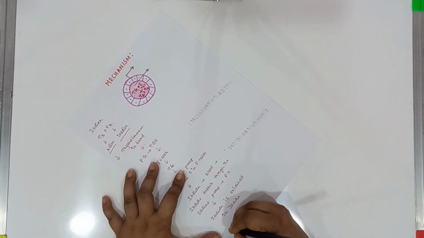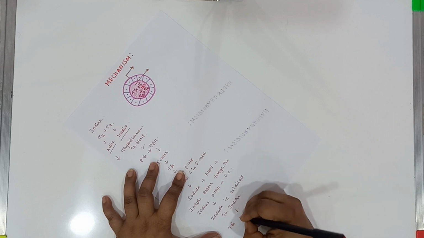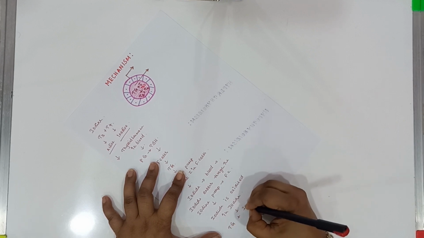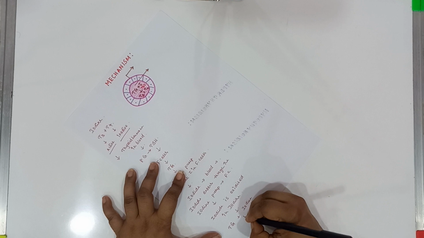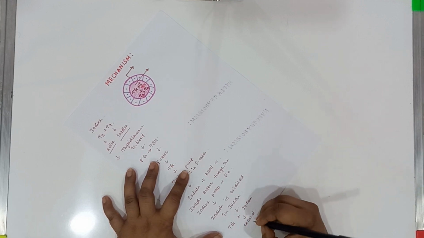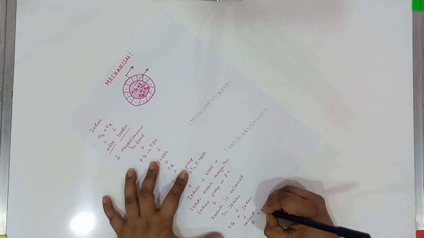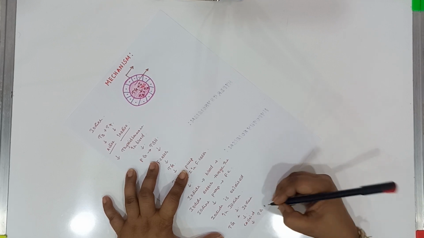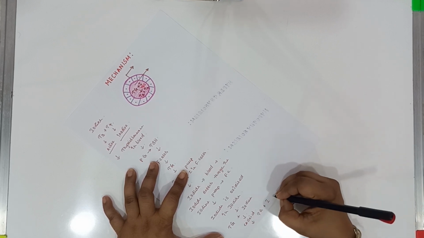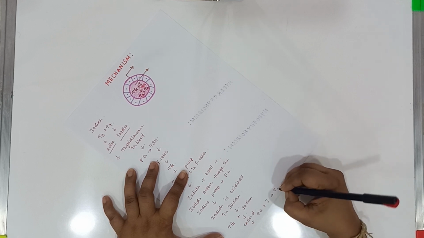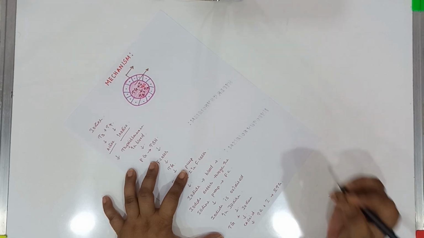Now the thyroglobulin plus iodine both enter into the colloid. In the colloid, the thyroglobulin combines with the iodine and forms the iodinated thyroglobulin.